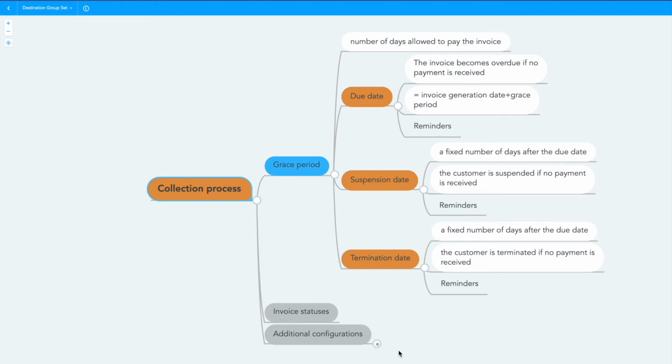The collection process consists of important dates: the due date, the suspension date, and the termination date, invoice statuses, and some additional configurations that we're going to look at in our practical part.